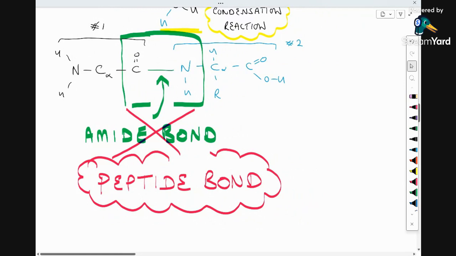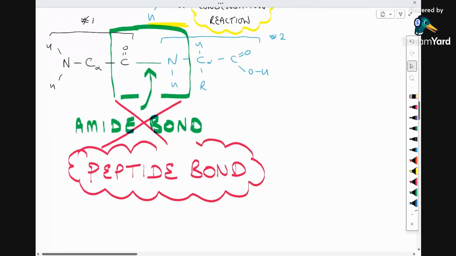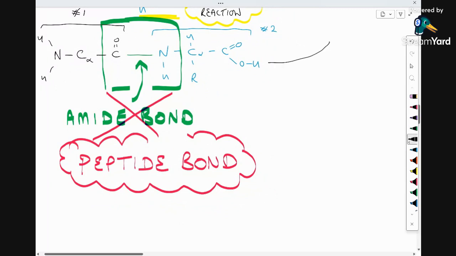This peptide bond is really important. And what we often refer to proteins as, there's a caveat to this, but generally speaking, we refer to proteins as polypeptides.